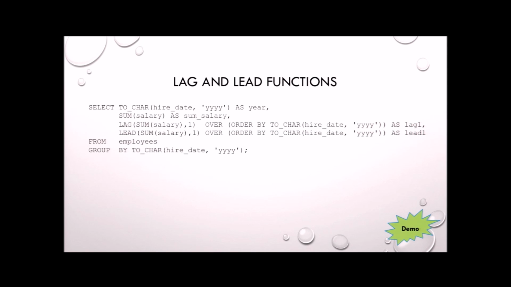The point is that when you combine aggregates, group by, with the analytics, lag and lead, the aggregates are all calculated first. Then, when it's done with that, it starts the analytics. So the sum of salary within the lag and lead is calculated as part of the group by first. Then you have an intermediate result set, and the lag and lead are applied on that.